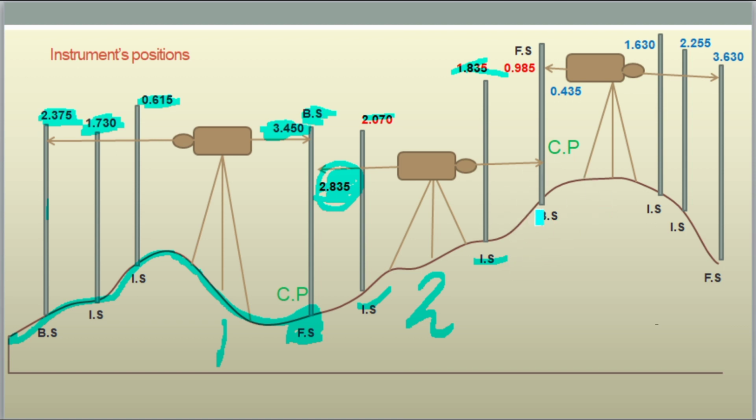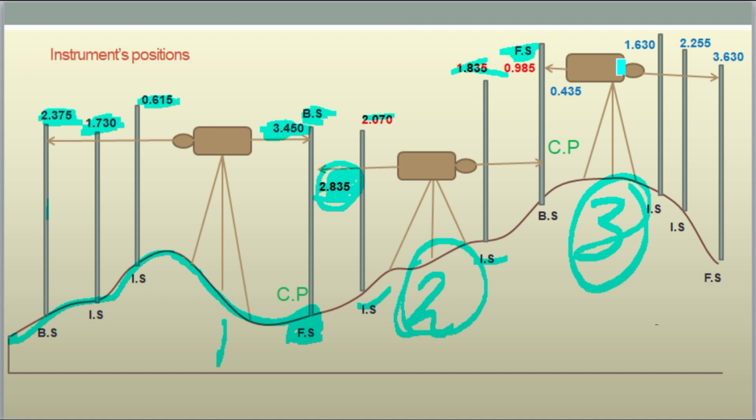Then after the 8th reading, we had a shift of the instrument. There we have our foresight as the last reading of the second position of the instrument. Then after the shift, we have the third position of the instrument.